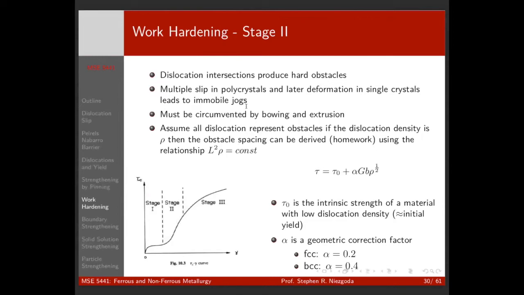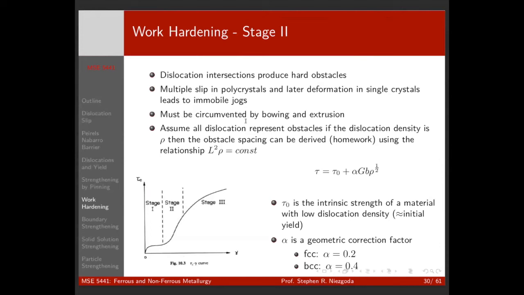At stage two, we see dislocations that interact. What happens when you have two dislocations that run into each other and they cross? You can get jogs, right? And jogs are not easy to move. They have edge components. They potentially have Burgers vectors that are not well aligned to move in the same direction as the resolved shear stress.